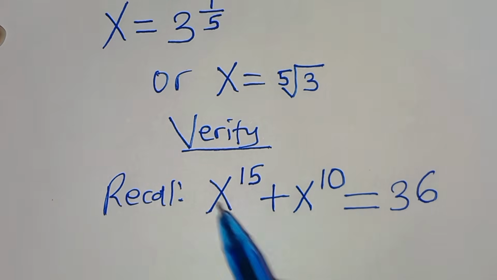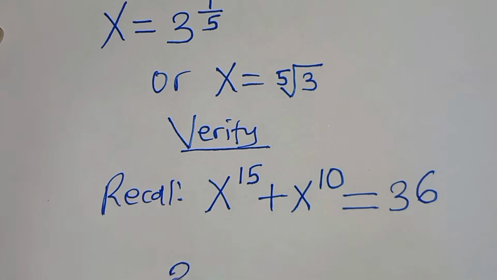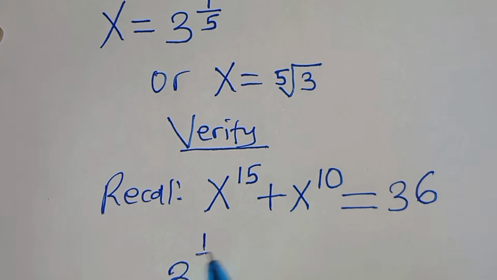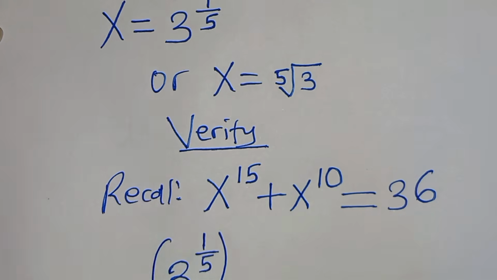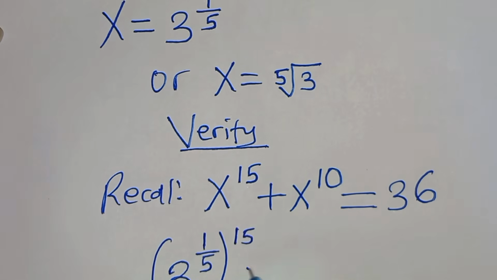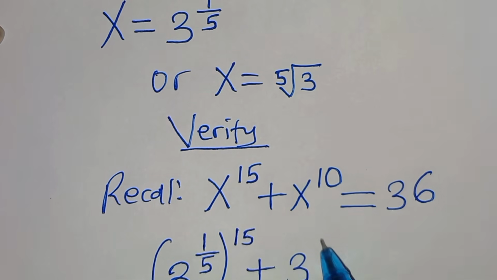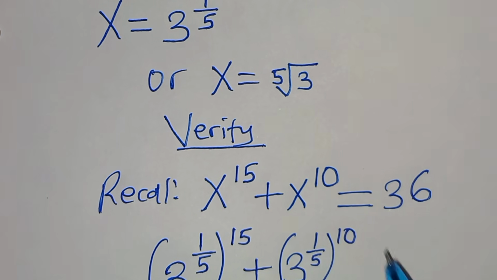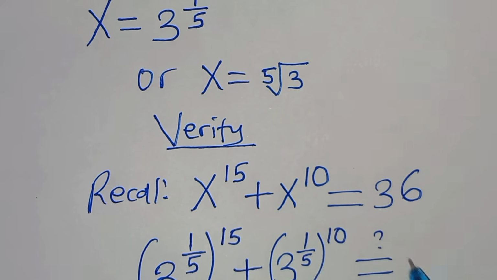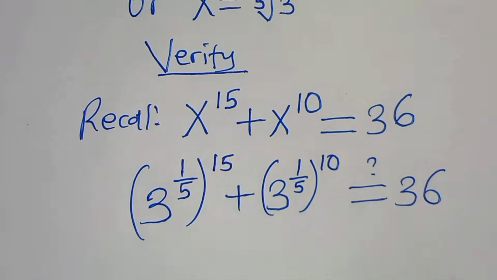So we can substitute x. We have x is equal to 3 to the power of 1 over 5 raised to the power of 15, then plus 3 to the power of 1 over 5 raised to the power of 10. This is supposed to give us a value of 36.